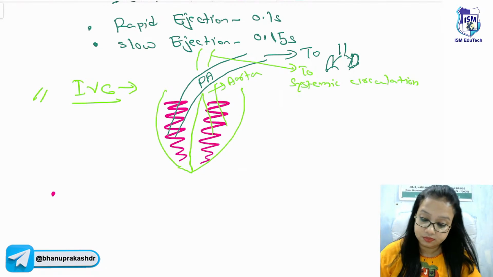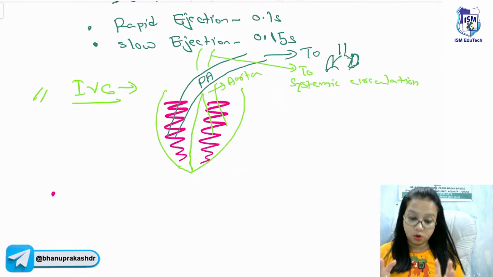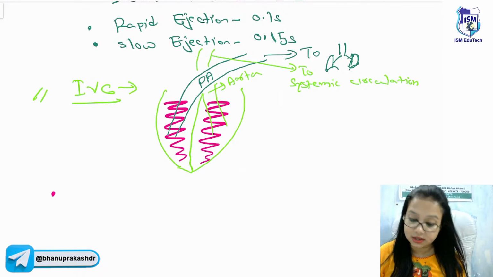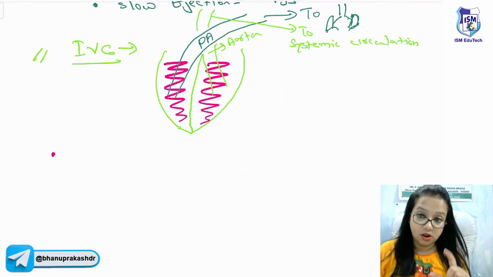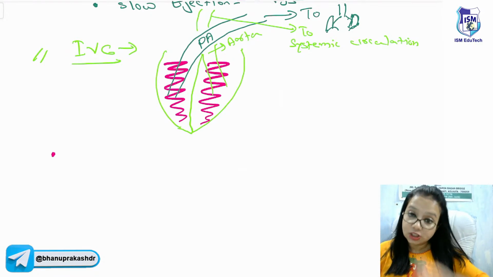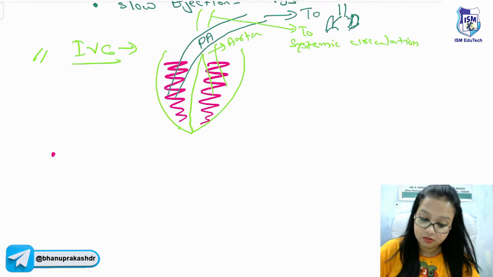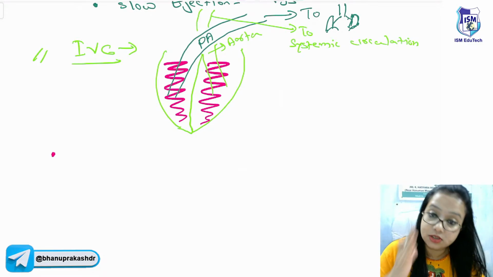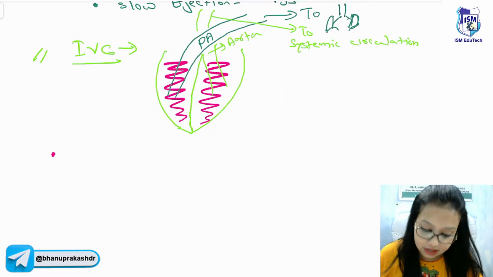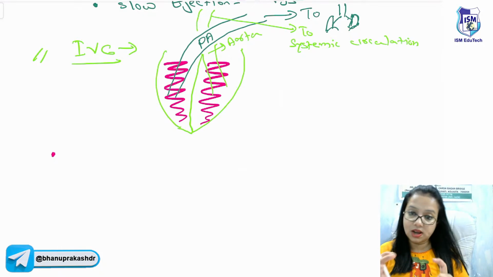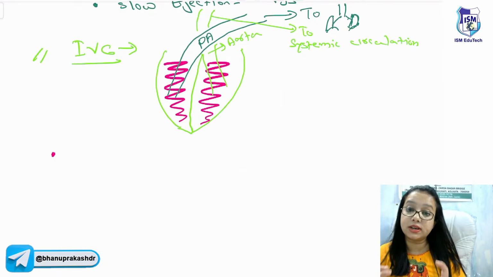Okay. So, here you see, both these ventricles now have to contract. So, the first stage of preparation to ejection of the blood via these two blood vessels is called isovolumetric or isovolumic contraction. Now, what happens when the heart begins to contract?